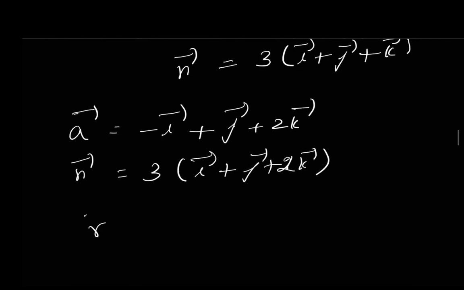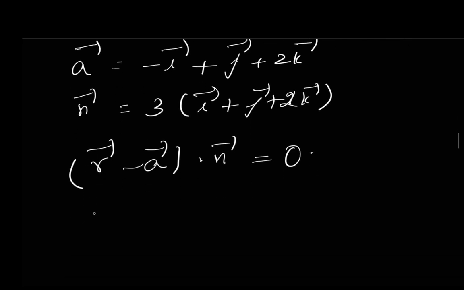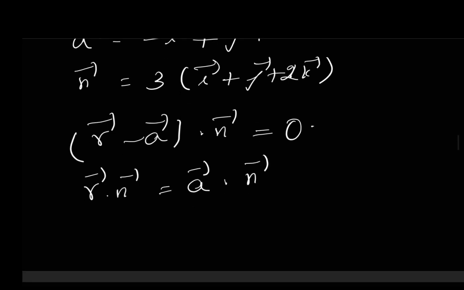Therefore, the vector equation is (vector r minus vector a) dot vector n is equal to 0. We have to get the vector equation. I can write this as vector r dot n equal to, taking to the other side, vector a dot vector n.